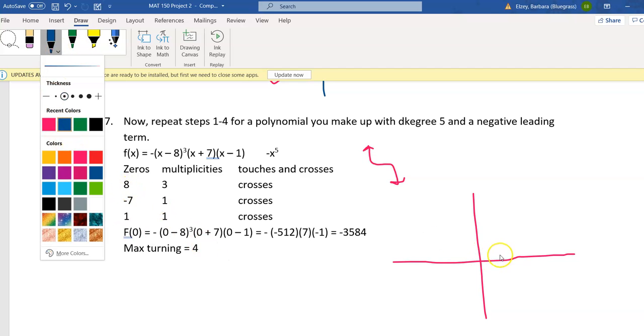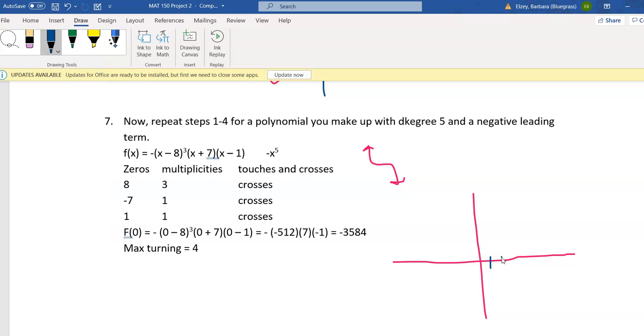Okay, first intercept is at 8. 1, 2, 3, 4, 5, 6, 7, 8. Right there. Next one is at negative 7. 1, 2, 3, 4, 5, 6, 7. And then the last one is at 1. It should be right here.